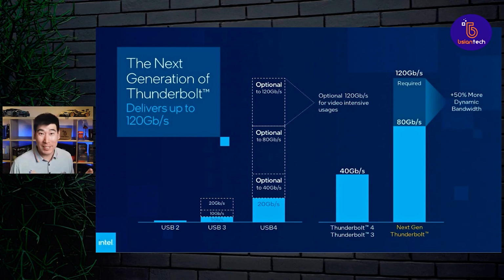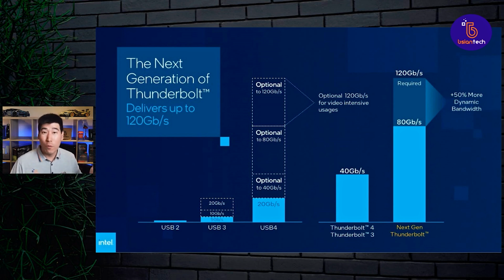This is more for the display, and Intel hasn't really told us what the trigger is yet for switching to 120 gigs maximum capacity. We'll go through a little bit of detail on how that's done.